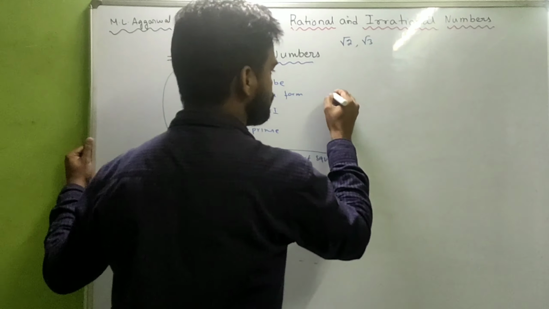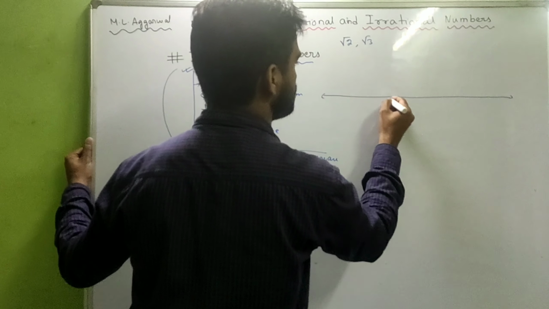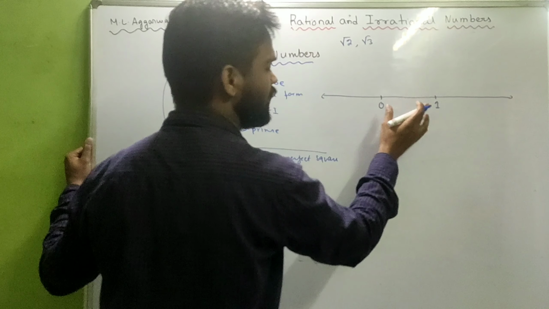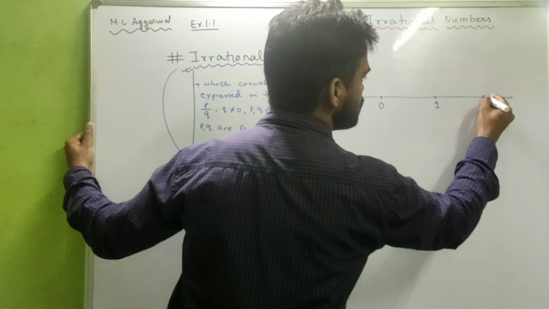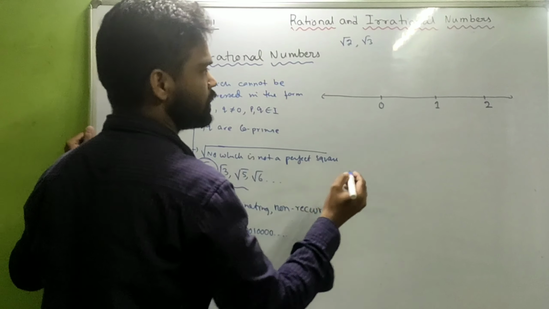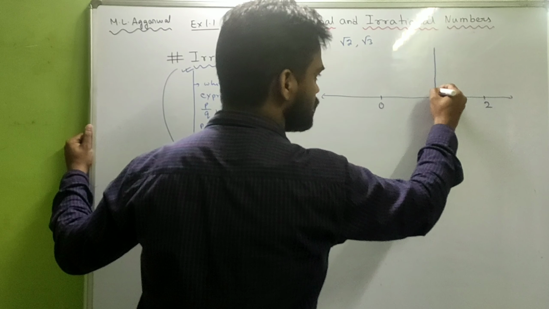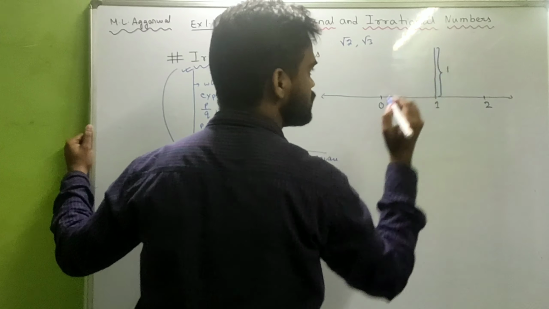How do you proceed? See. Now suppose this is your number line. This is suppose 0. This is 1, which means this is 1 unit. The length is 1 unit, 1 centimeter maybe, okay? This is 2. Now look over here. If I draw a perpendicular over here, and the line segment is again 1 unit, okay?